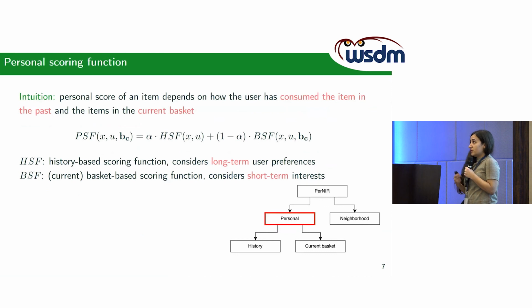We assume that long-term interests are captured in the way the user has interacted with this item in their history, and the short-term interest is shown in the current basket, in the items that are currently in the incomplete basket. We define this personal scoring function using two components: a history-based one to capture the long-term interests, and a basket-based scoring function that captures the short-term interests.